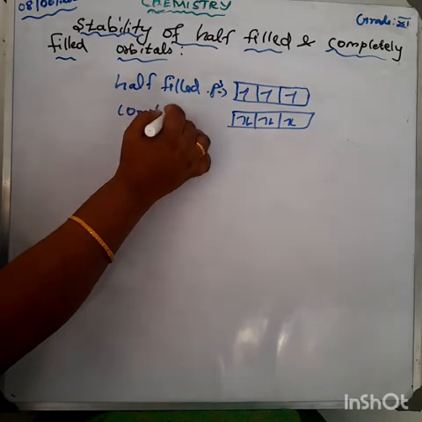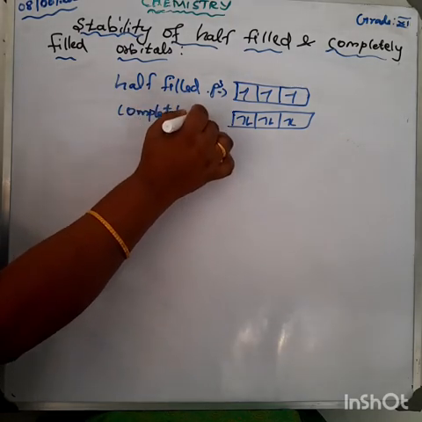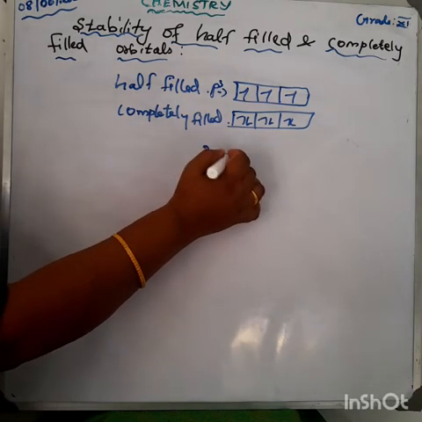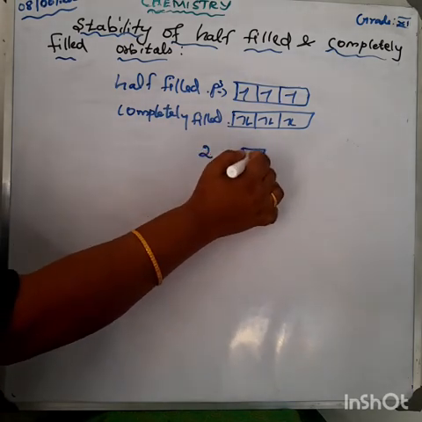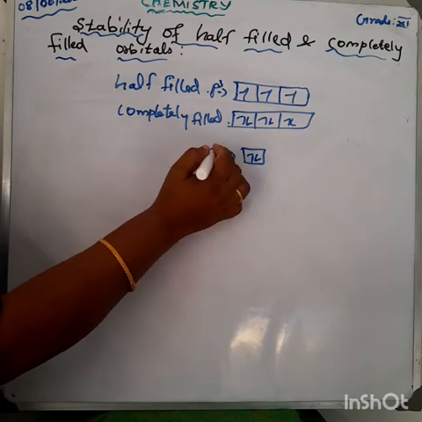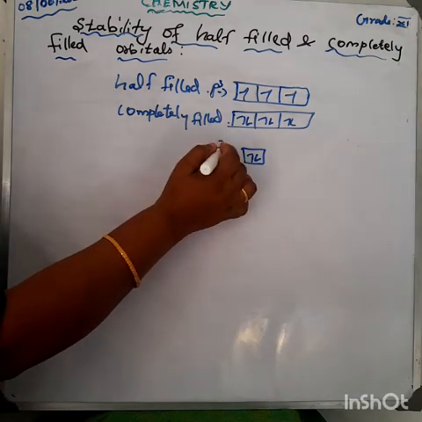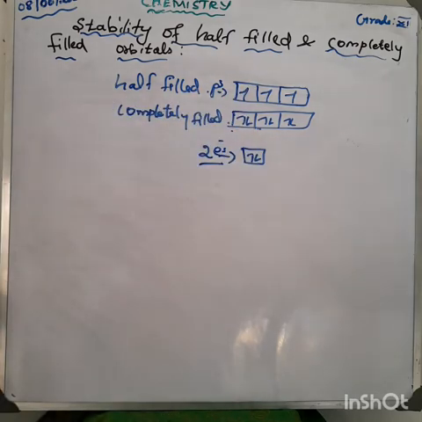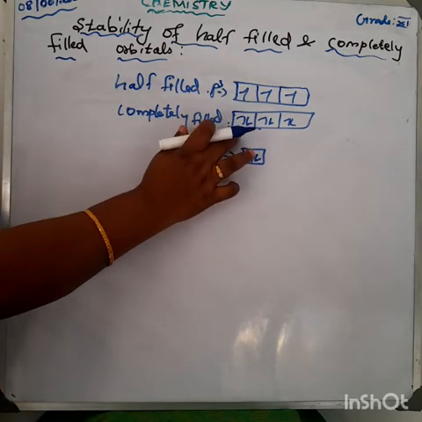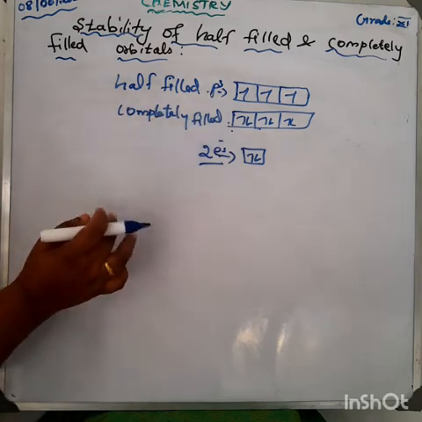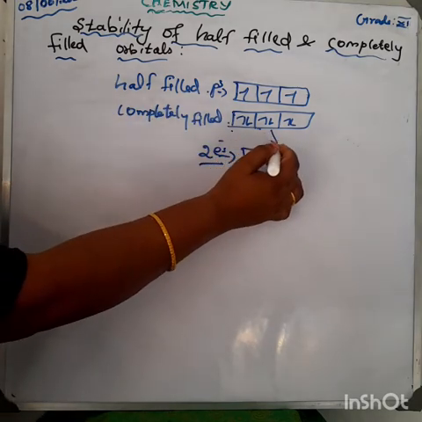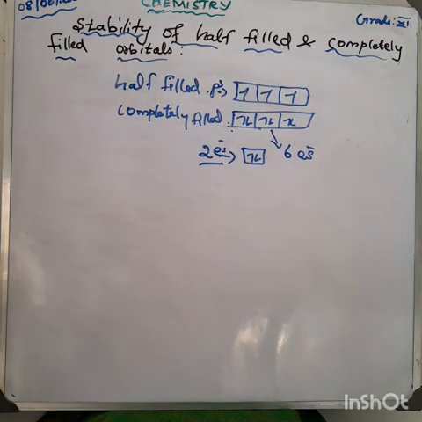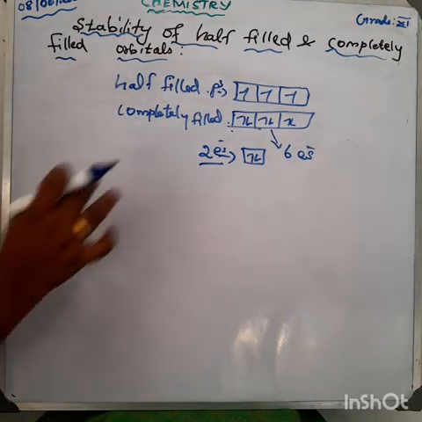Each orbital has the capacity to hold 2 electrons, so the p subshell has a maximum capacity of 6 electrons. So 6 electrons means it is completely filled.